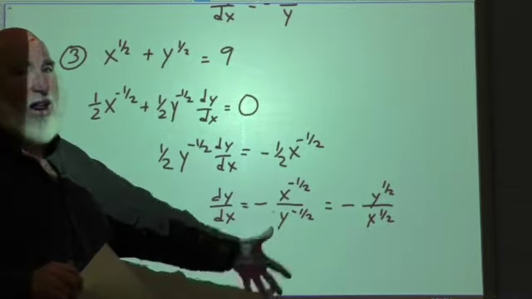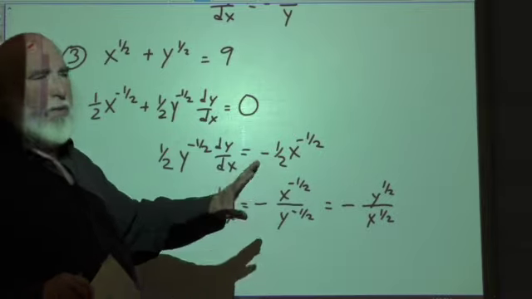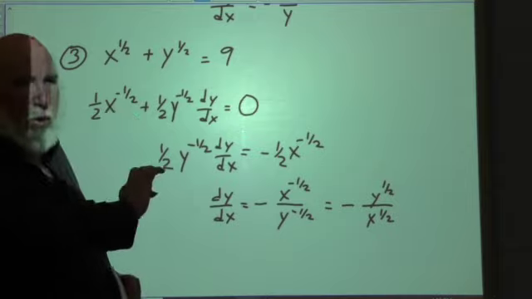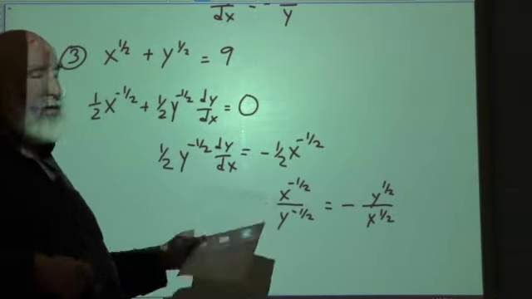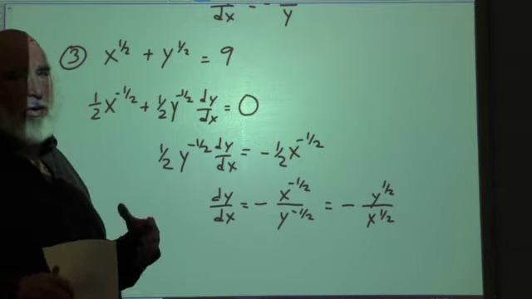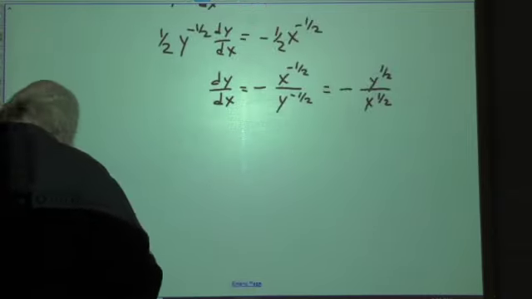Before, we just had x because we had y all by itself on one side, or y prime rather, for your slope, and the equation was all in terms of x. Now we have a mixture of x's and y's, so we have to have the full scope of the point in order to figure that out. All right, so let's move on to number 7.